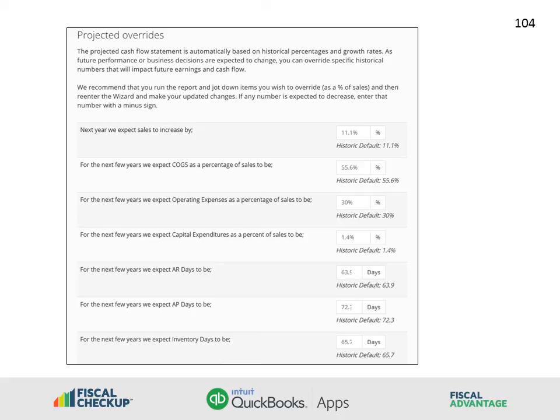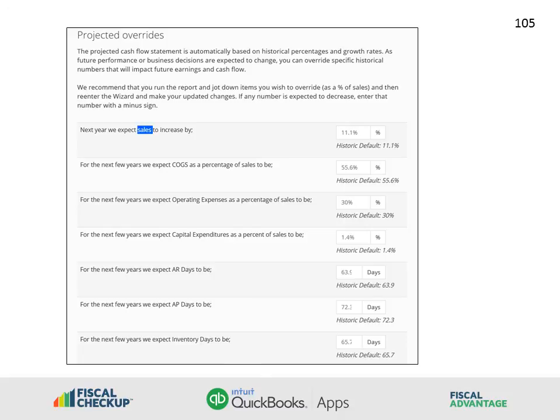Note that under each value is listed the historic numbers that have been calculated by the software. The user is able to increase or decrease these numbers and then view the effect of the changes on the forward-looking projections. Those forward-looking projections are contained in both the executive summary and the lender's report.